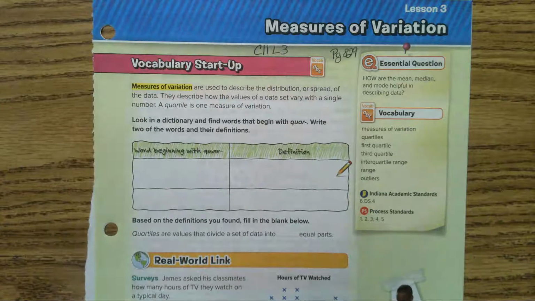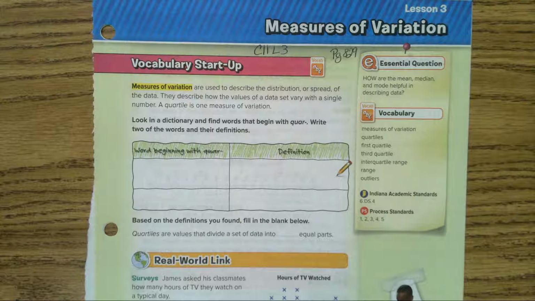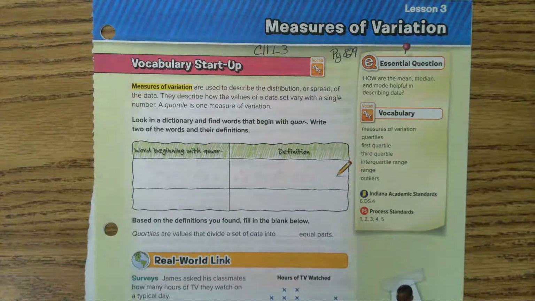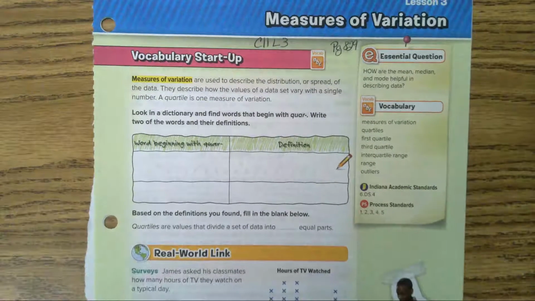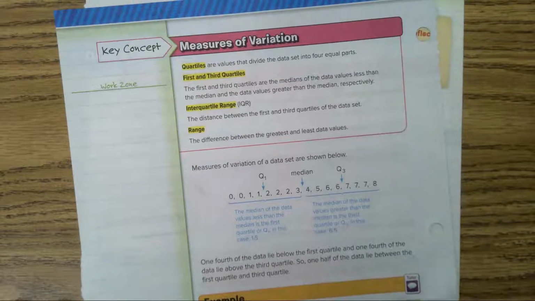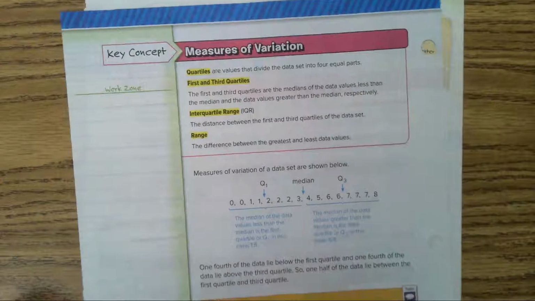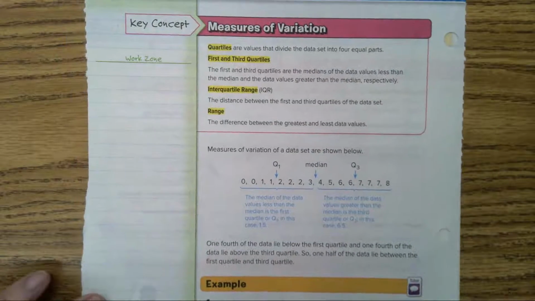All right, so here they have a few things that they want us to talk about. I think we're going to skip that section, and we're going to go straight to the definitions on page 830. These are the given definitions that I want you to know how to do.